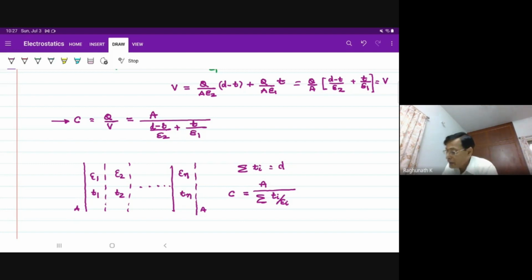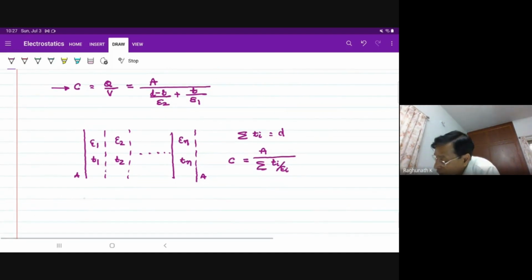Because in this case also D is equal to Q by A in magnitude. D is equal to Q by A. Ei is equal to Q by A epsilon i.